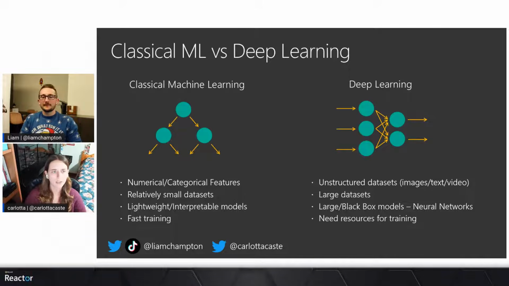Classical machine learning algorithms basically work on numerical or categorical features, like in my previous example, features like the sender address type, the timestamp, the length of the characters of the email body. Also, they work well on relatively small data sets, and they are usually lightweight and interpretable models, easy and fast to train. When I say interpretable, for example, here you can see a tree-based model, which is probably one of the easiest to interpret for a human because it has this tree-based structure.